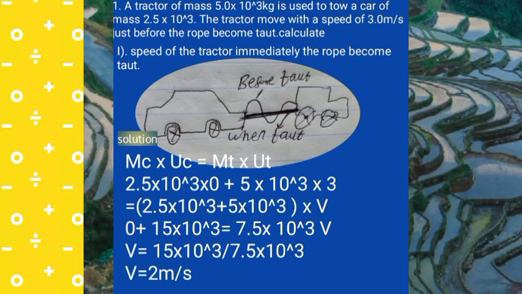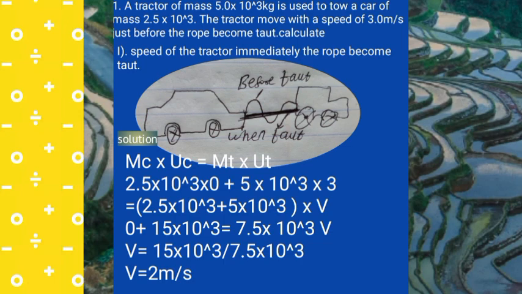From the diagram, you see the rope before taut, the upper one, and the straight one in the middle. That is when it is taut. So when the tractor wants to drive a car, the rope must become taut before the car begins to move.